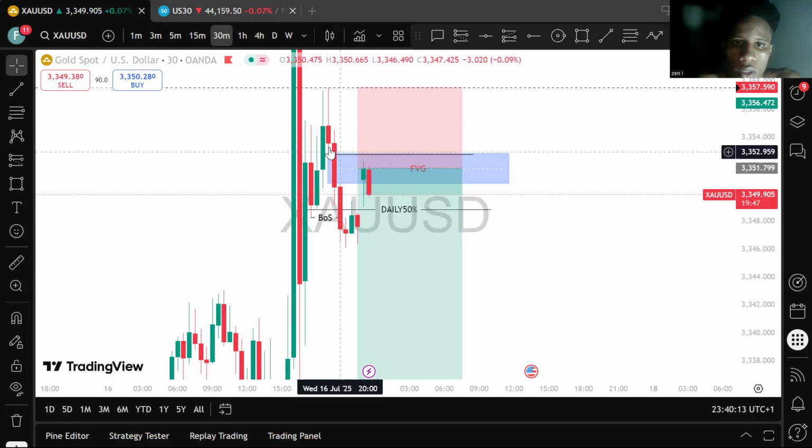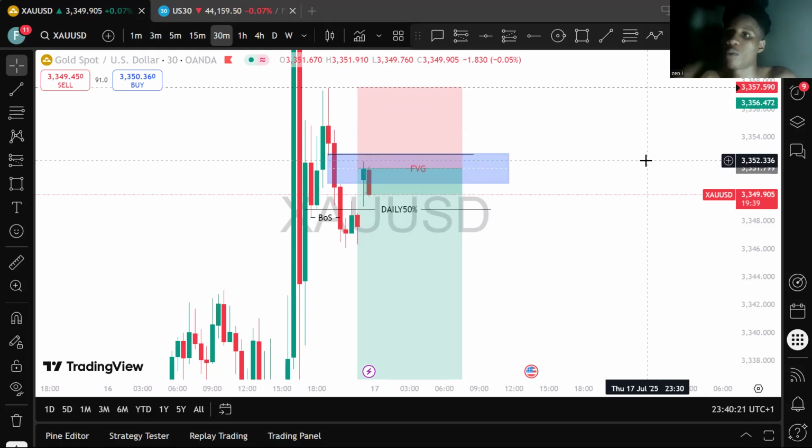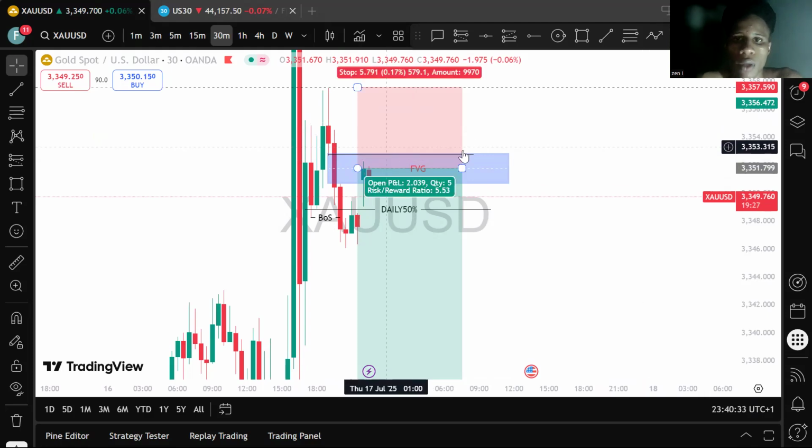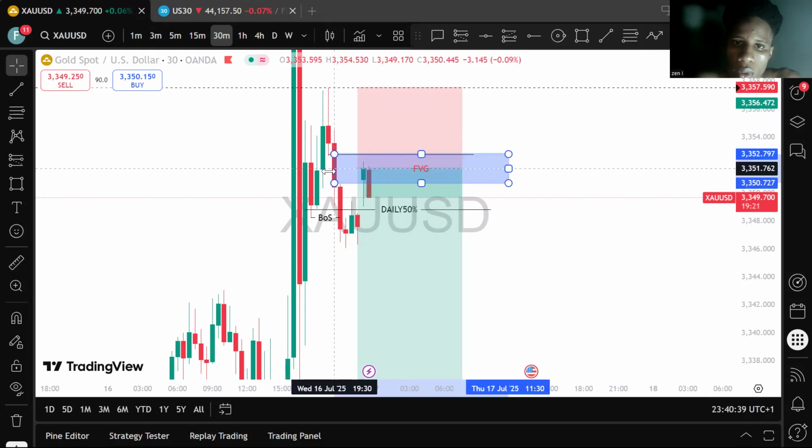As you could see, between the first candle and the third candle, there's a gap. That's a fair value gap. Fair value gap confirmed, plus the fact that I already wanted to sell, right? I was like, okay, this feels bearish. So I plotted the fair value gap. I drew out my fair value gap.